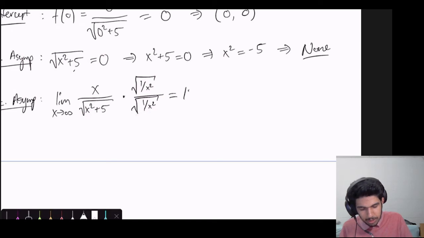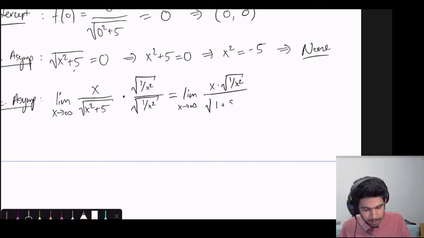Doing this will give us the limit as x approaches infinity of x times the square root of 1 over x squared, all of this over, this distributes into here, so we get the square root of 1 plus 5 over x squared.